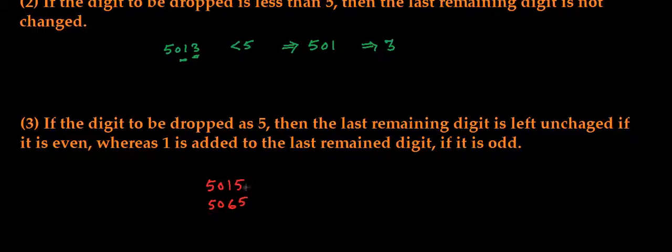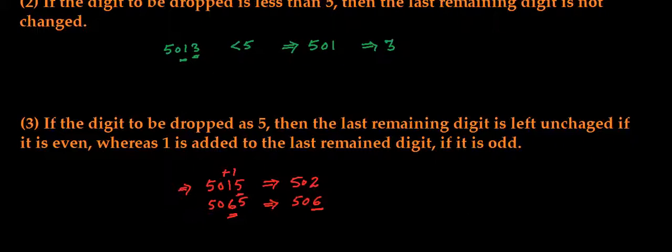Here the dropped digit is 5. In the first one the last remaining digit is odd, so we add 1 and the value comes to 502. For the second, the last remaining digit is even, so the value comes to 506 and remains unchanged. This is rule number three of rounding off.